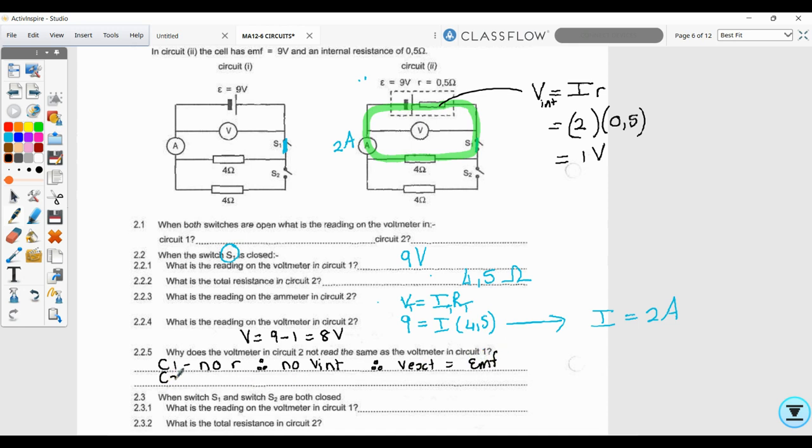But in circuit number 2, there is a little r, so there is a V internal. That means that V external is going to be EMF minus V internal, because the battery steals some of the energy and the rest is available for outside.